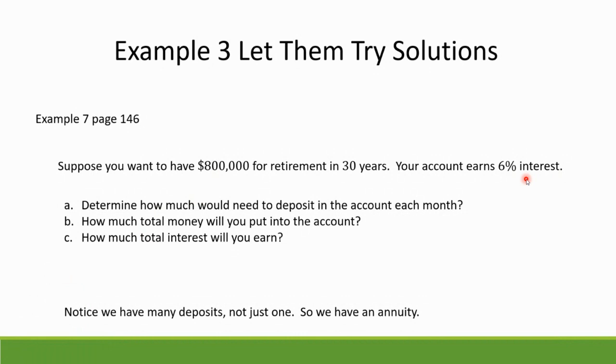Again, we're going to make monthly deposits, and they're asking us, how much would we need to deposit in the account each month? Notice that this implies we have many deposits, not just one. So we have an annuity.